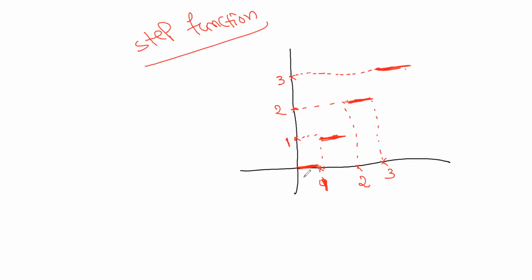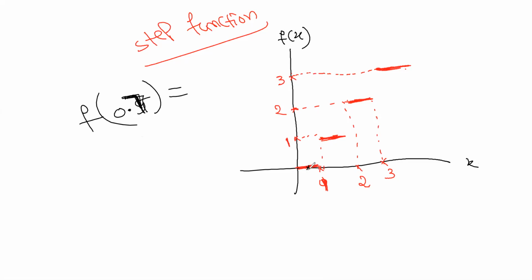So take any value over here, 0.5, we'll take 0.7, anything. What is f of 0.7 in this? f of 0.7 means when x is 0.7, what is the value of y? That is the meaning of this.